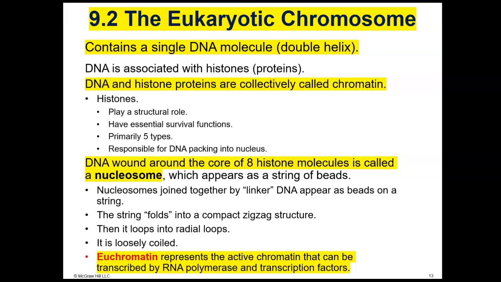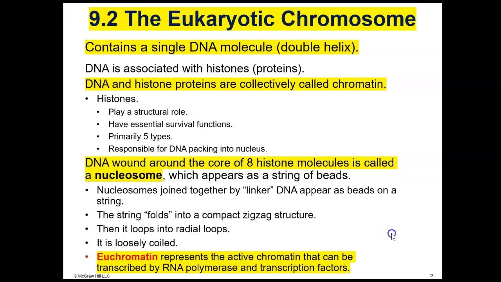DNA codes for specific proteins, and that is how DNA contains the genetic material that gives us our genetic traits. It's literally by DNA coding for individual proteins. So if the chromatin is in a form called euchromatin and it's not tightly packed, then it's active and it can work to synthesize a protein.